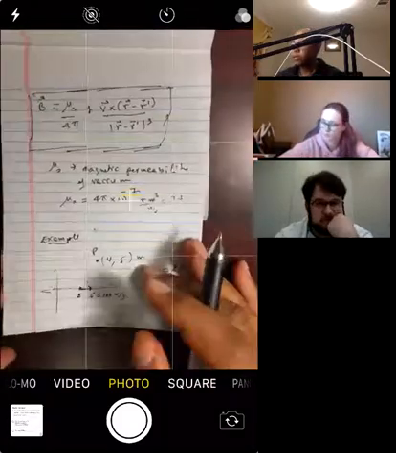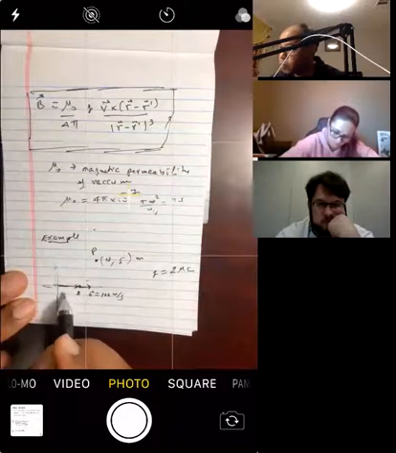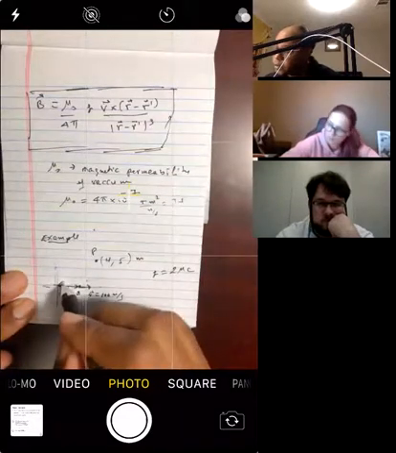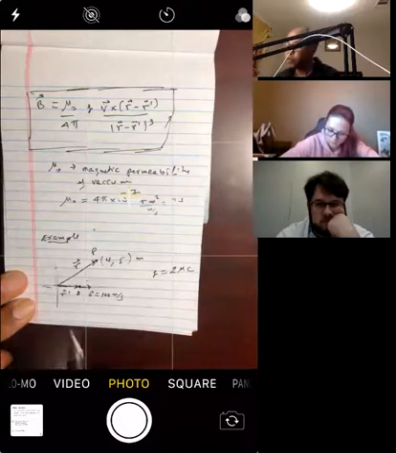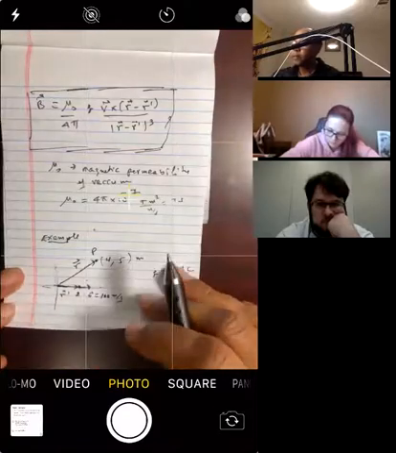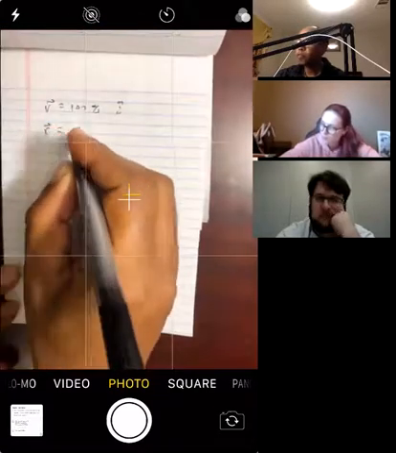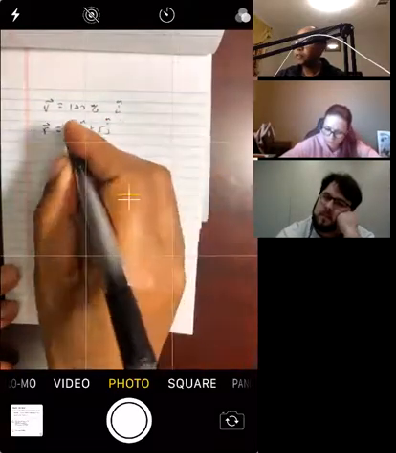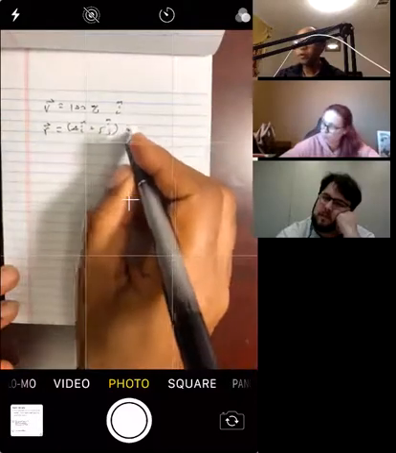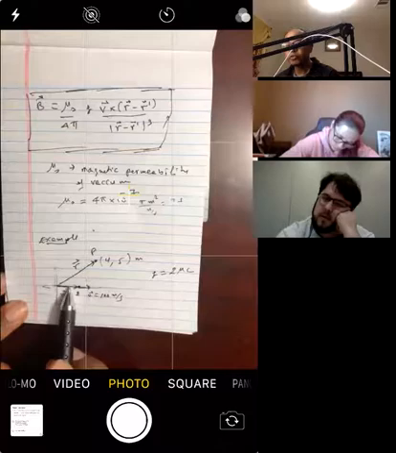Then I'm going to need these two vectors. This is my R prime, and this is my R, the position vector of the point. My R is 4 in the I plus 5 in the J. This is my position vector for R. How about R prime? R prime is simply 2 in the I direction with respect to this origin.